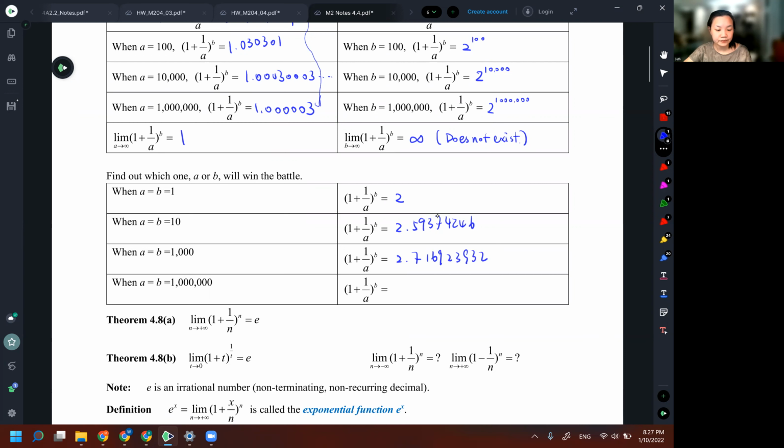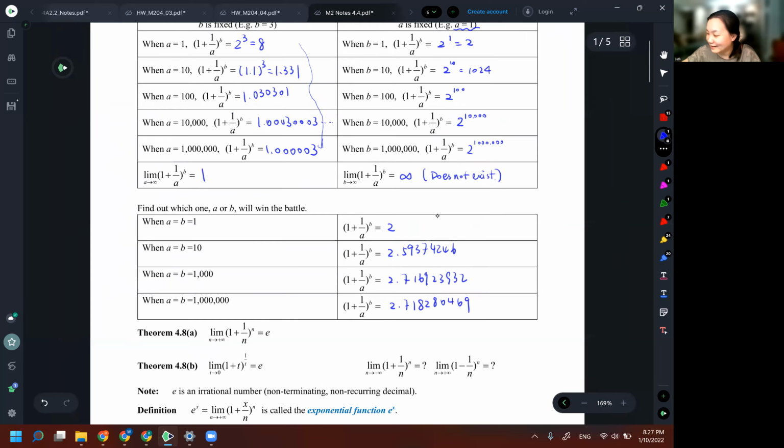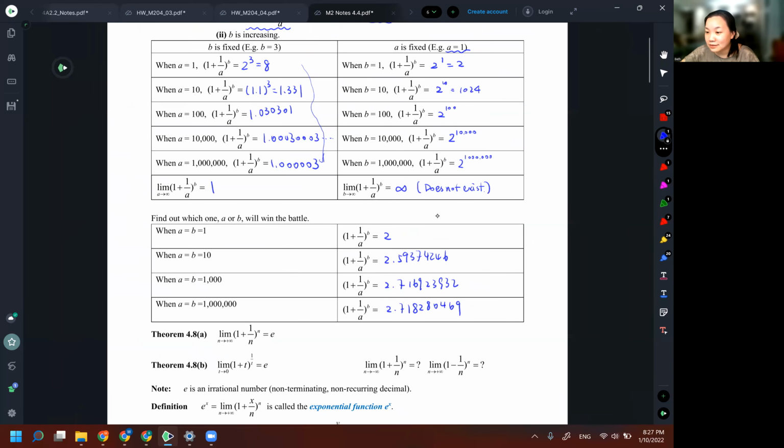And then the last one is 1.000001 to the power million. That is 2.718280469. You see? Now, I think 1 million is a pretty large value.